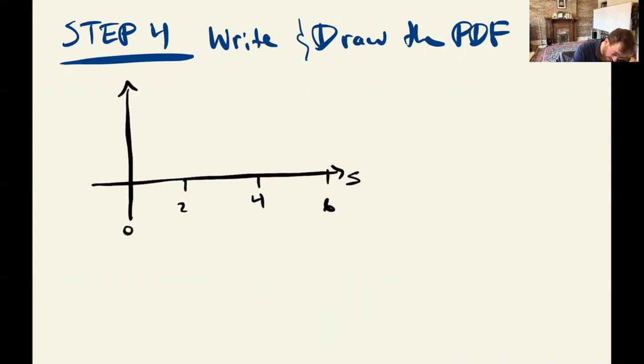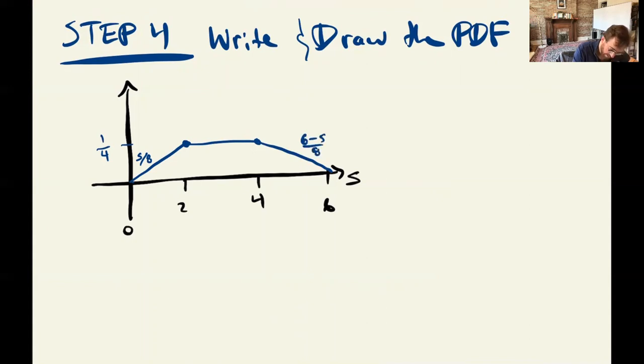And the way my PDF grows is first it's an eighth of whatever the sum value is. This is s divided by 8. It plateaus at value a fourth. And then it starts to go down using the same slope as it went up, but now negative. 6 minus s over 8.